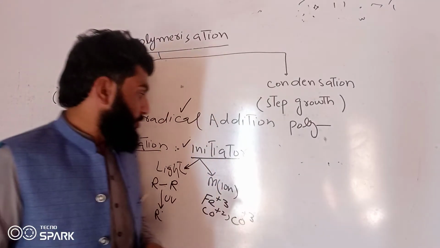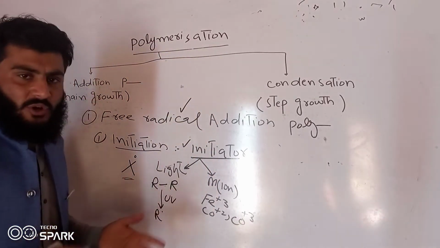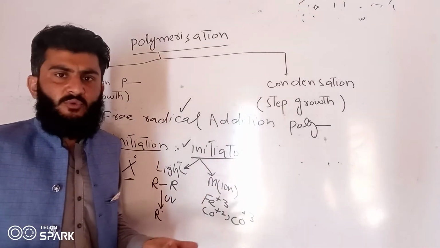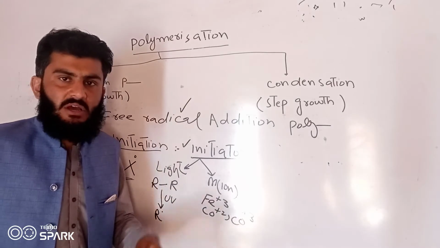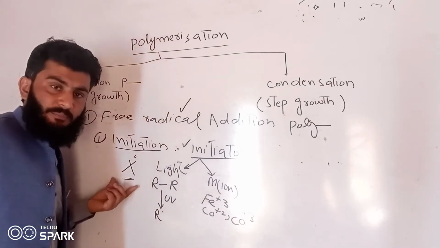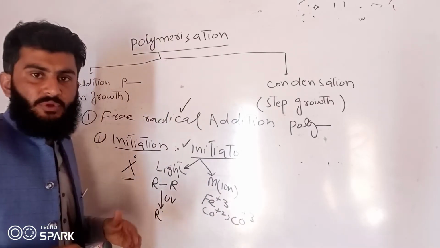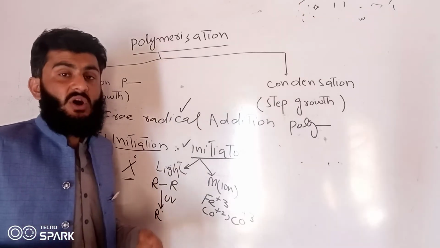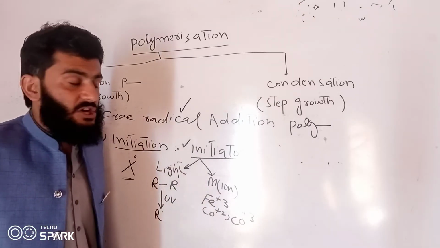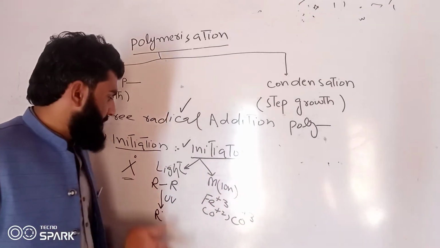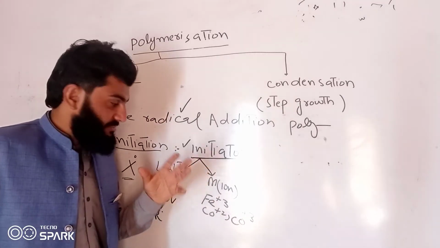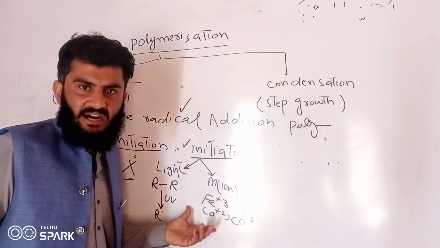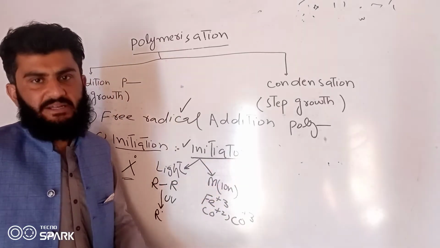If we want to start the polymerization with the help of a radical, we have to produce a radical. A radical can be produced by light, by the reaction of metal ions, and many other ways.